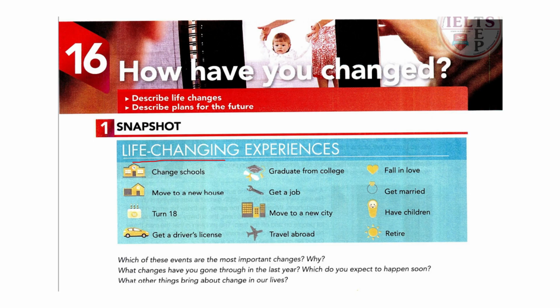Like, for example, when you change schools, when you move to a new house, when you turn 18, when you get a driver's license, when you graduate from college, get a job, move to a new city, travel abroad, fall in love, get married, have children, retire, all of these are changes. And we experience these changes through our lifetime.